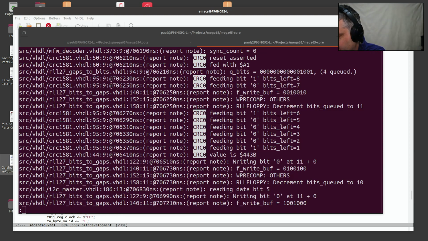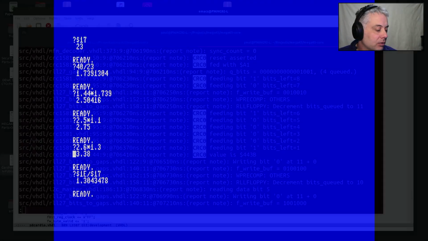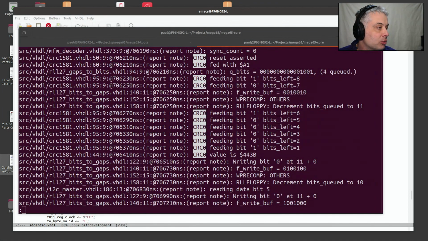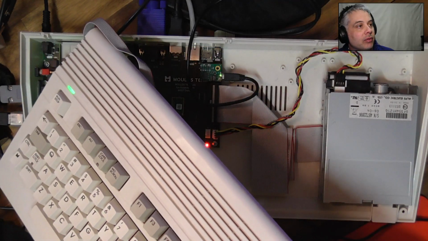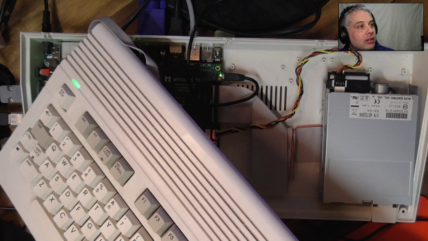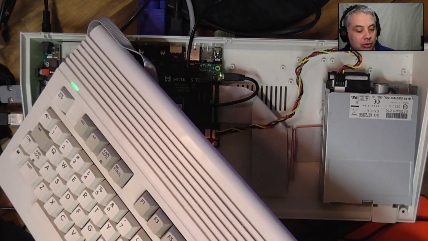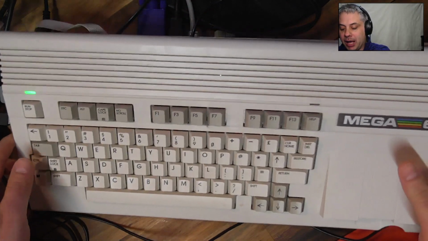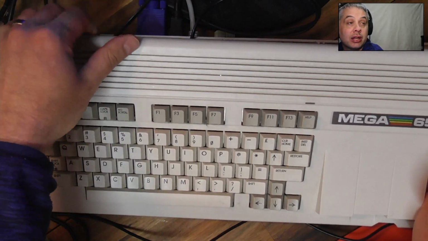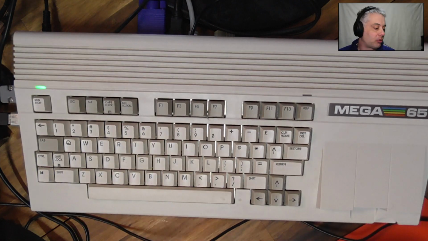If I lift the lid on my MEGA65, that's the wrong one. Which one do we want? Right, there it is. So it's a DF354H121G. Interestingly, if it was not the G, but there's a variant that was, I think, meant for Macs, that could change the spindle speed from 300 to 360.